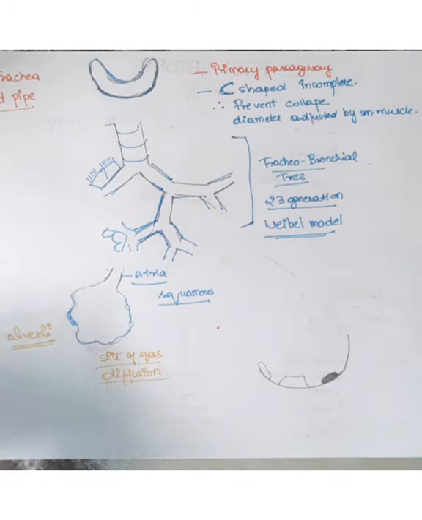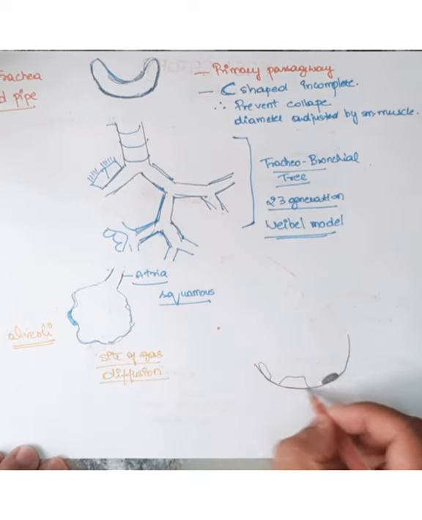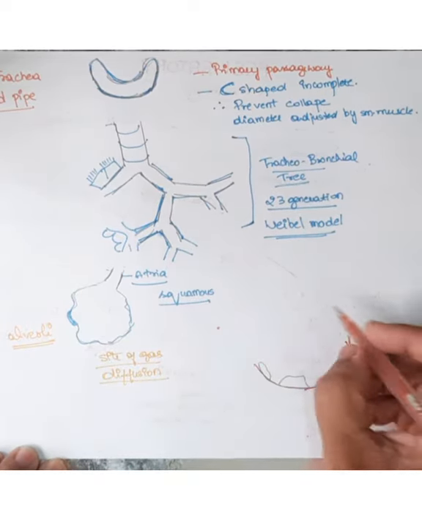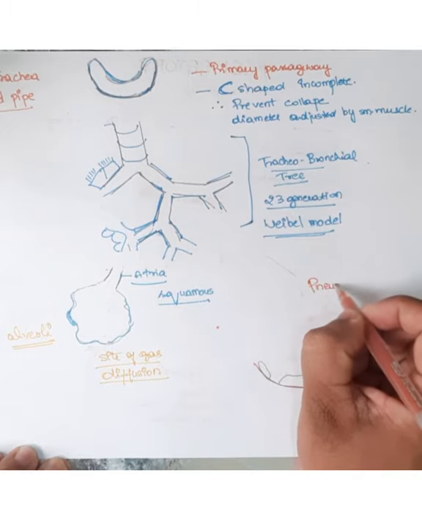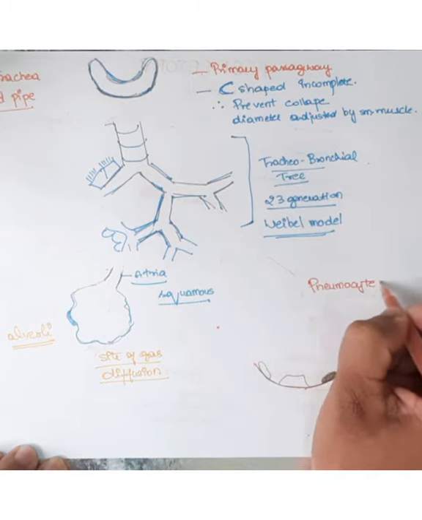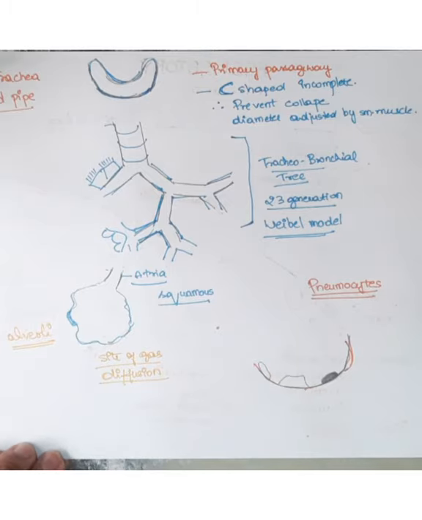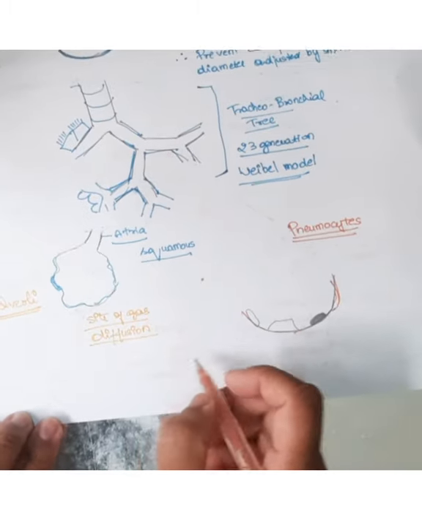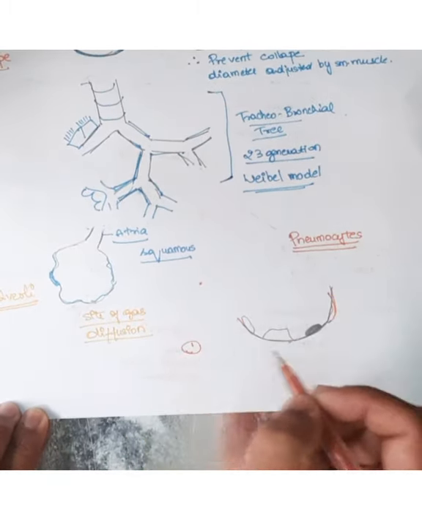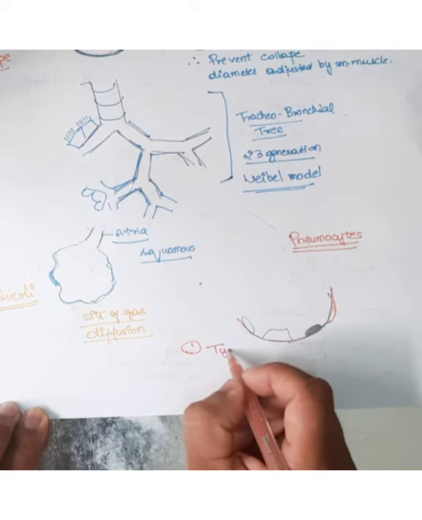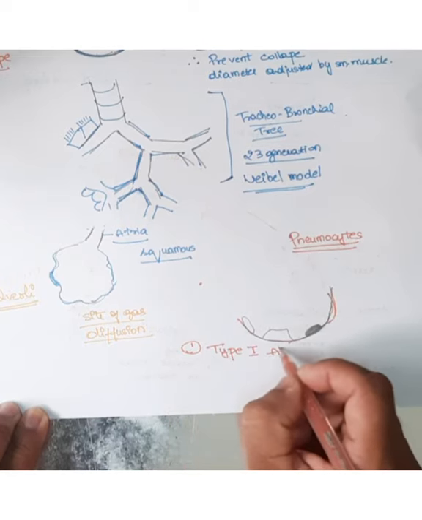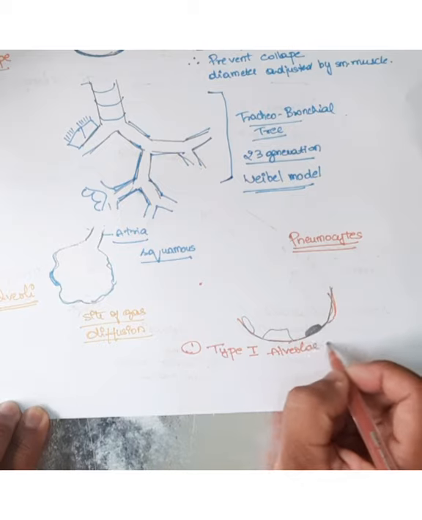So this alveoli is made up of 3 different cells. They are also called pneumocytes. The first type of cell is type 1 alveolar cells.